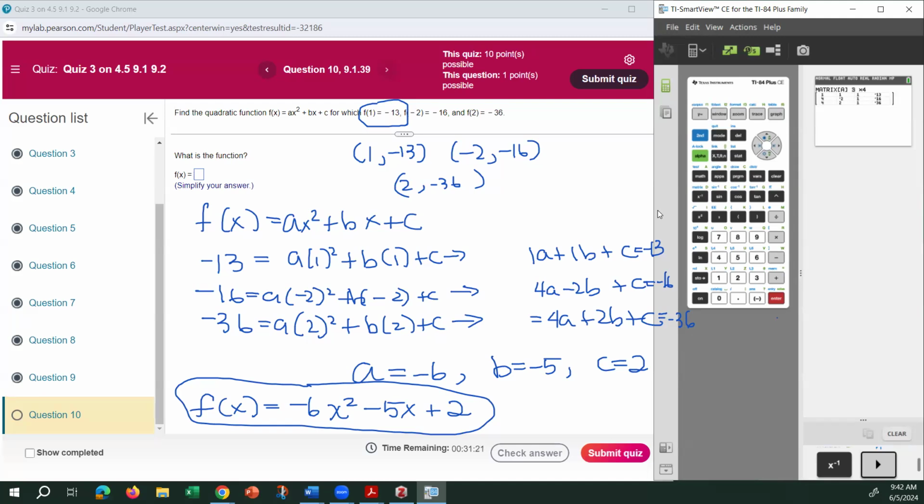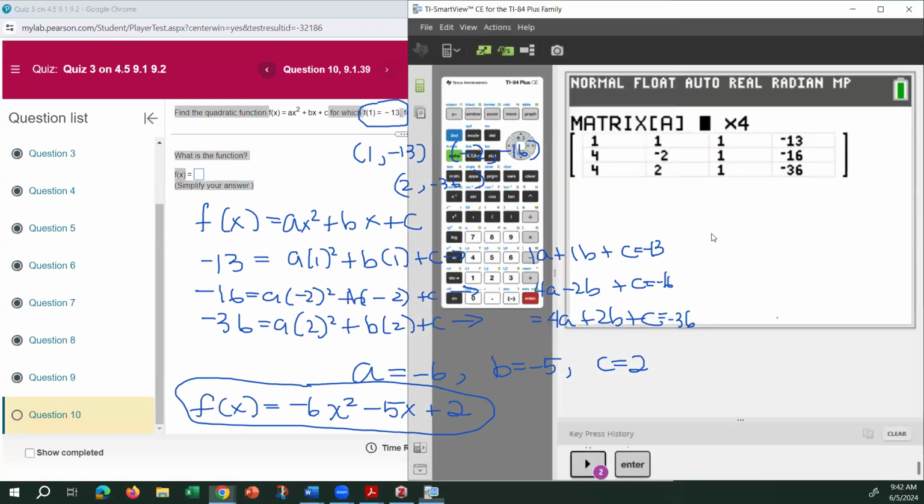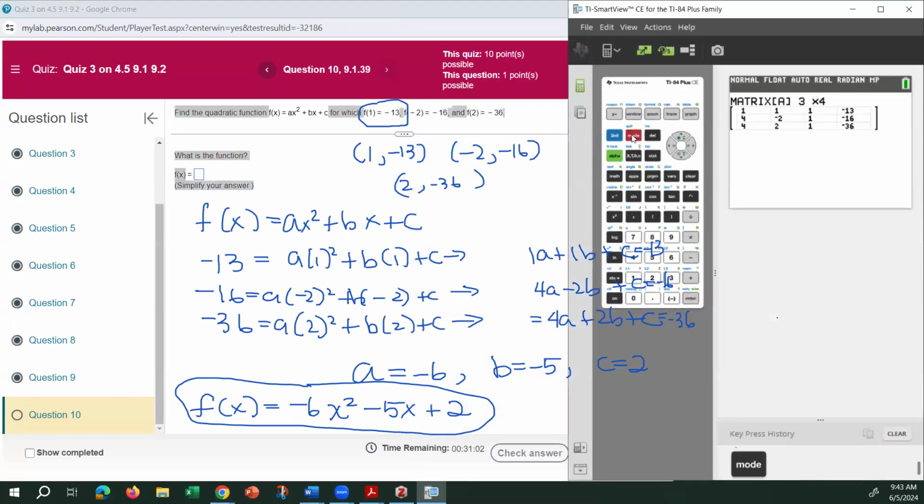Okay, I'm not seeing any errors here. 1, -13, 4, -2, 1, -16, 4, 2, 1, -36. Ah, okay, I made a mistake. It was staring at me all this time.